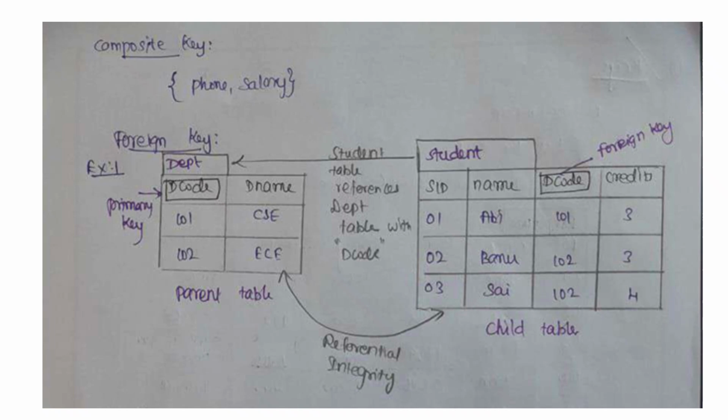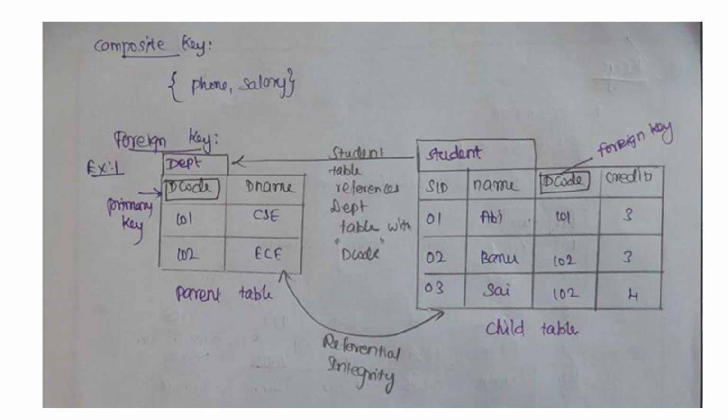With referential integrity, which is a keyword, a key term, we can create the foreign key. So whenever I try to insert a new row in the student table, that is the child table, it will accept only the codes 101 and 102 because the parent table contains the department codes 101 and 102.